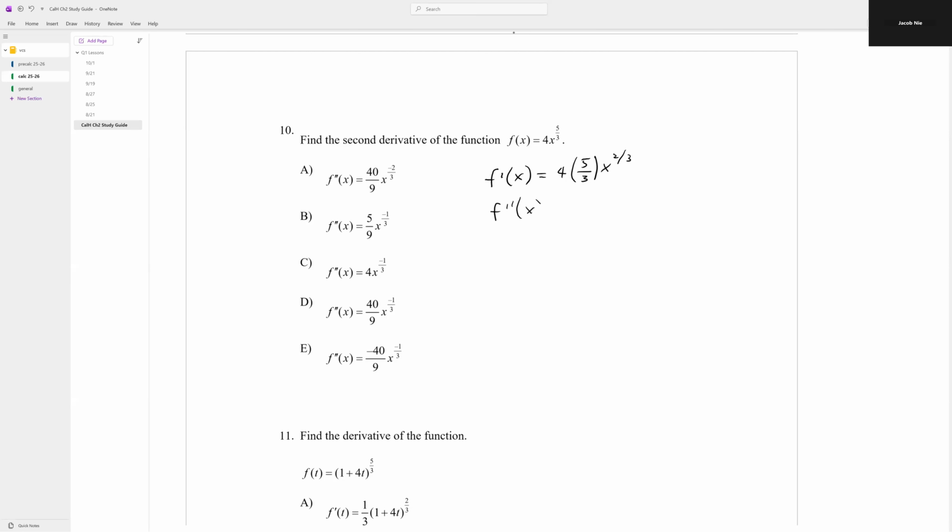Constants stay the same. Then we multiply again by 2/3. So power rule once more. And finally, x is to the power of 2/3 minus 1, which is negative 1/3. So the final answer is 40 over 9 after we multiply those fractions, x to the power of negative 1/3. And that's D.